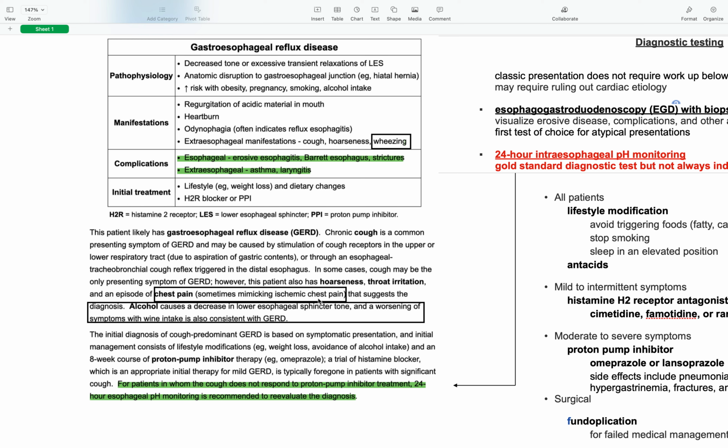So you would do an EKG or cardiac enzymes to rule out any ischemic cause of chest pain before you come to a conclusion of GERD, right? And also you would educate the patient to cut down on alcohol intake because of its risk of decreasing the lower esophageal sphincter tone and worsening the symptoms.